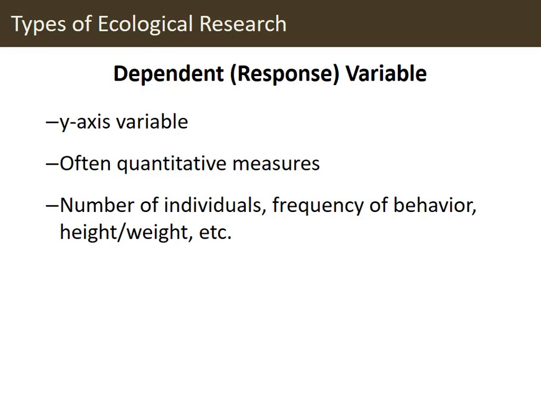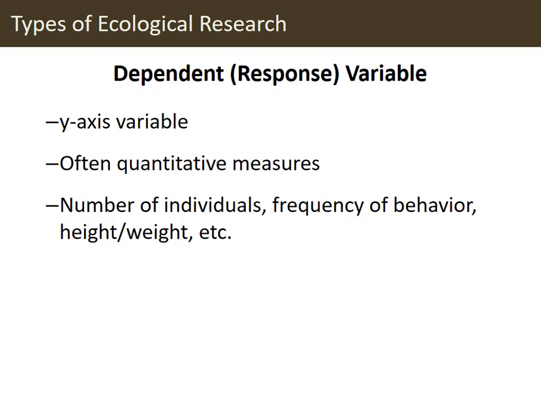Maybe soil pH impacts adult tree height or something. It's making things up, right? But our response variable is usually really quantitative. It's the number of individuals, it's the frequency with which a behavior occurs, it's height, it's weight. It's something that you measure, and that measurable response is predicted by the category, okay?